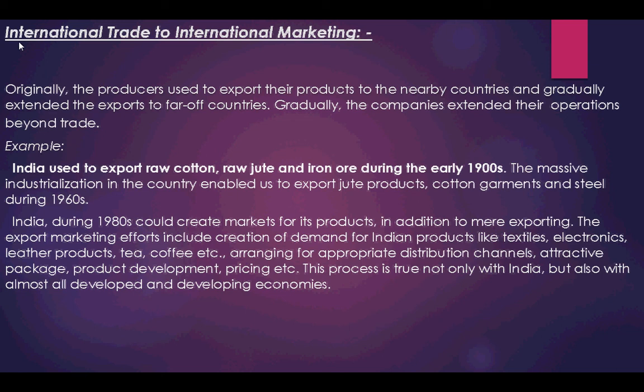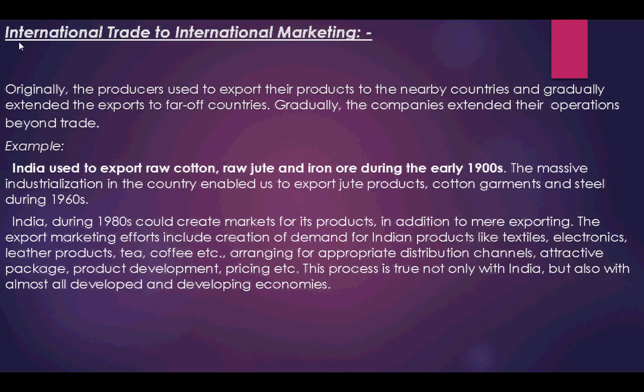Originally, the producers used to export their products to the nearby countries and gradually extended the exports to far off countries. Gradually, the companies extended their operations beyond trade. Let's take an example.